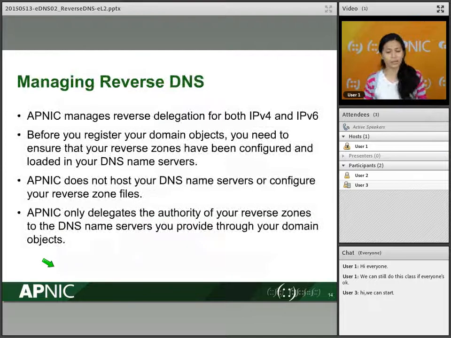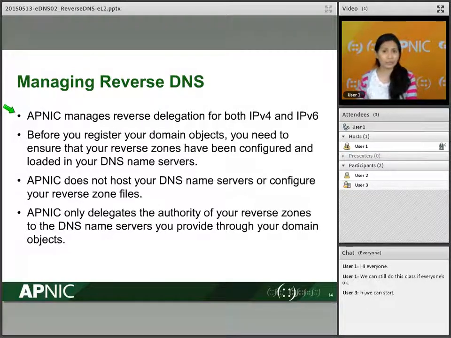Now, how do you manage reverse DNS? There are many ways depending on where you got your blocks. Essentially, for forward DNS, it is dependent on your domain provider, your domain hosting and all that. With reverse DNS, it follows the trail of IP address distribution. So where do your IP addresses come from?